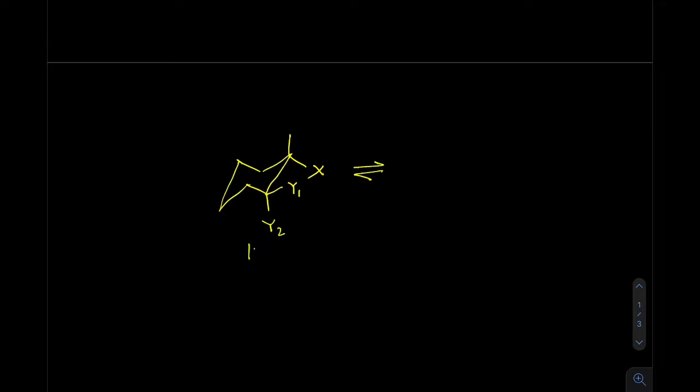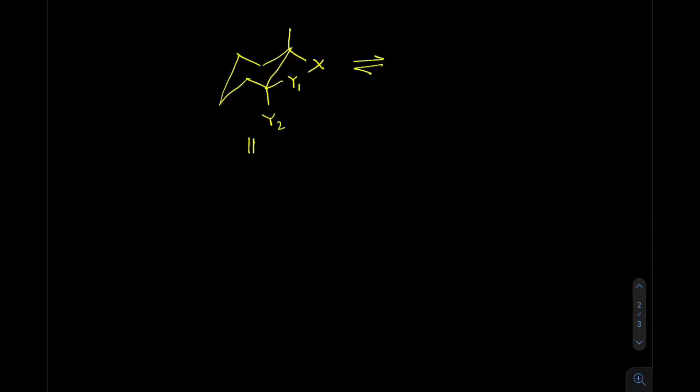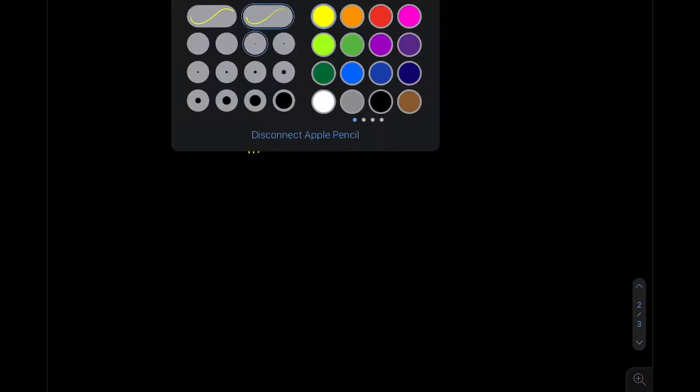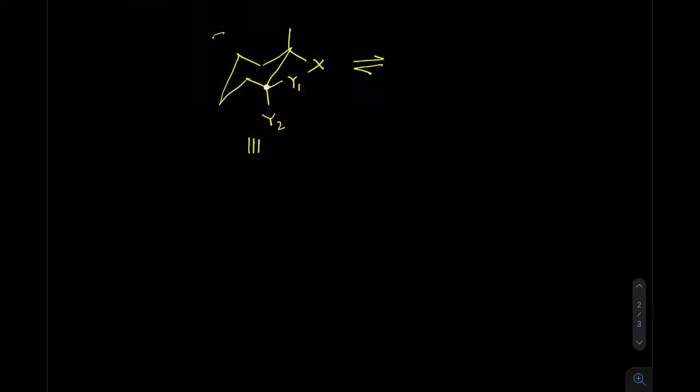Now if we draw the Newman projection of that cyclohexane structure, it will be like this, where this is the front carbon, this is the back carbon, and this is the front view. So the structure looks like this.